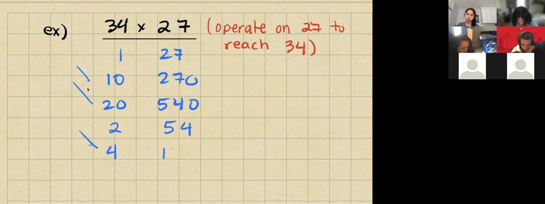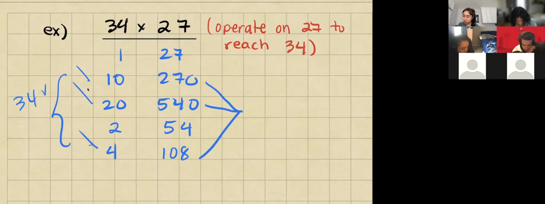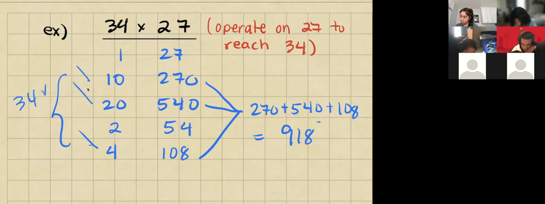And 4 is 108. And so now I can see that this gives me 34. And then these values are going to add to give me 918, I believe. That's what we got.